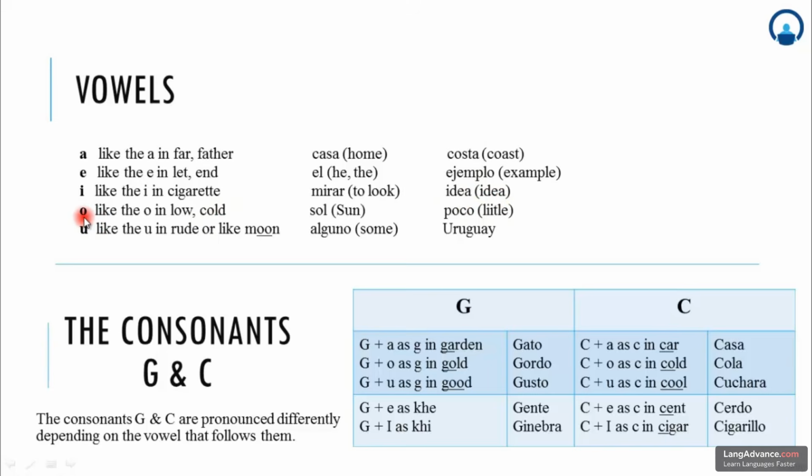Next letter, O in English, pronounced O in Spanish, just like in the words low and cold. The words for example are sol, that means sun, and poco, that means little. Over here, sorry for the mistake in this word.